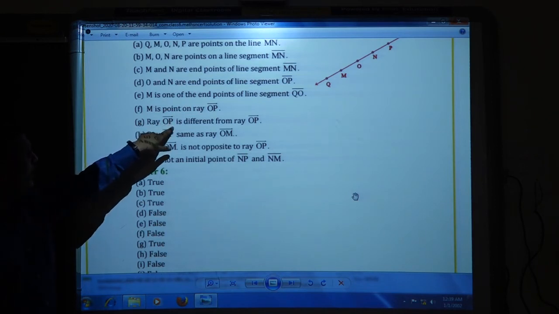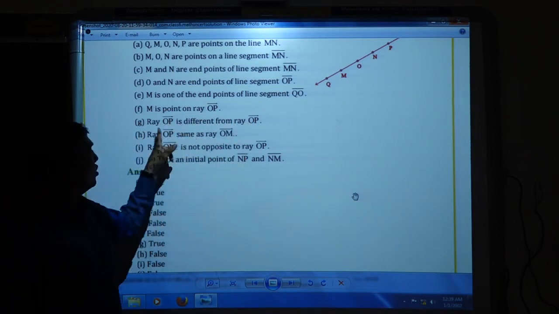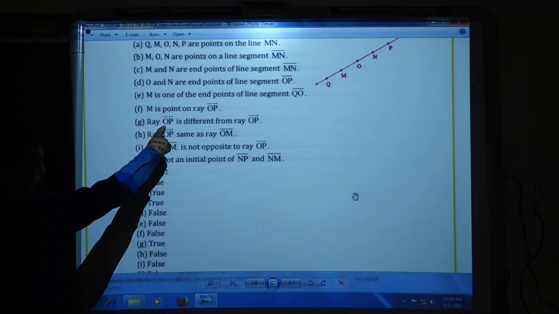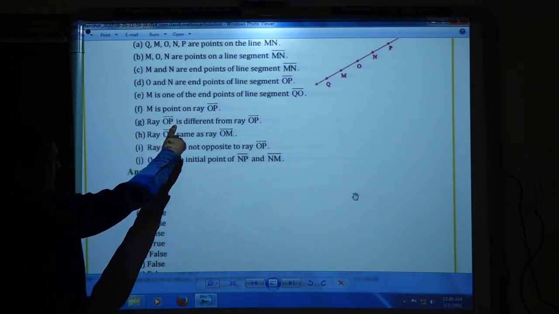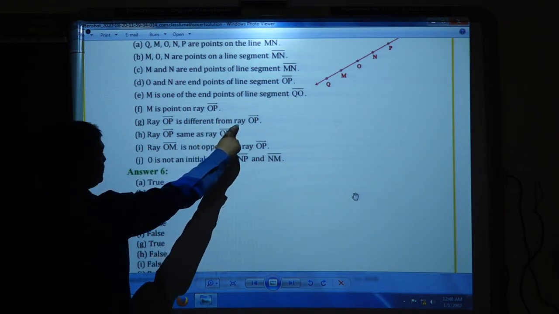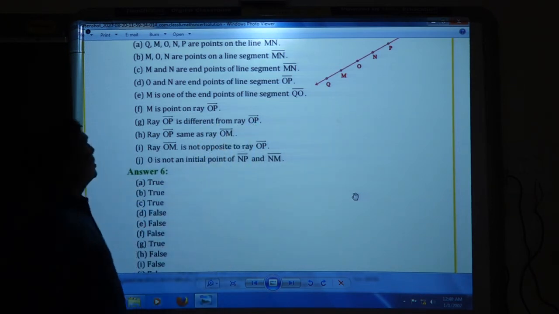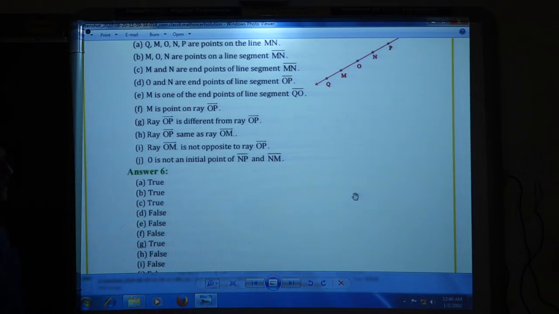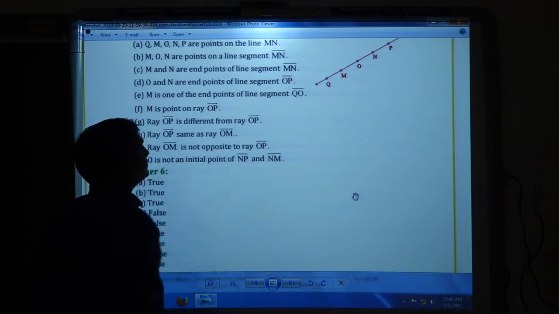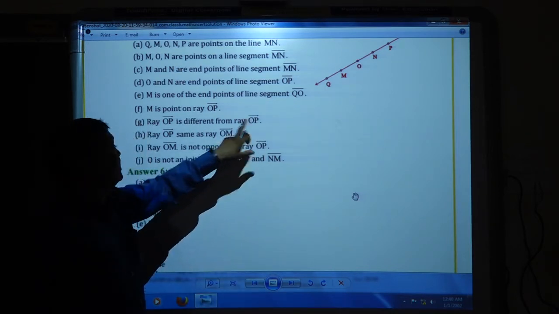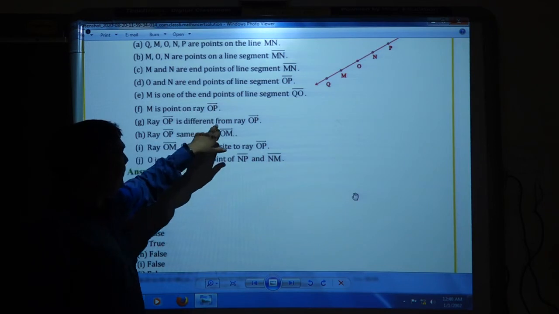Ray OP is different from ray OP. I think the question is given wrong, it should be Q. Let me see in the textbook. Dear, this is Q. Here OP is given by mistake. Ray OP is different from ray QP.